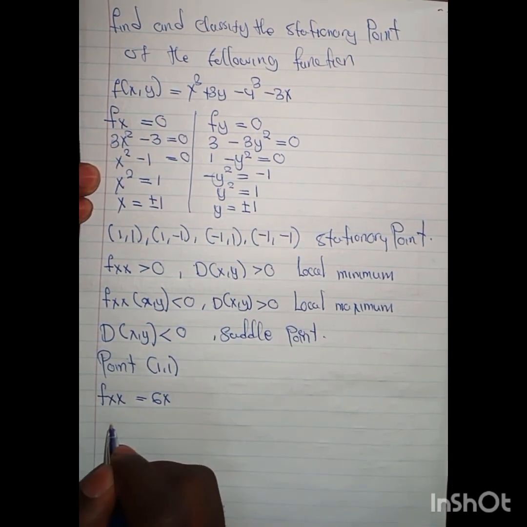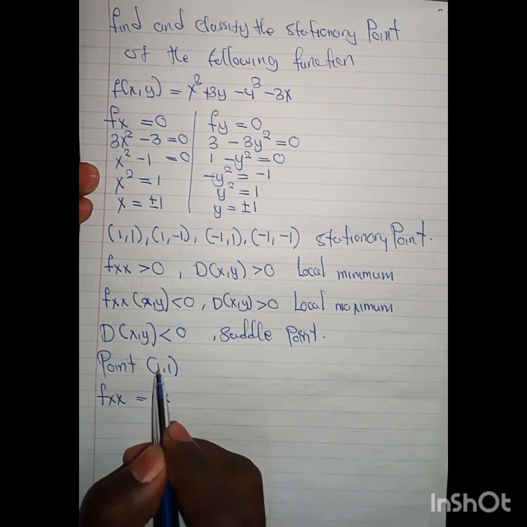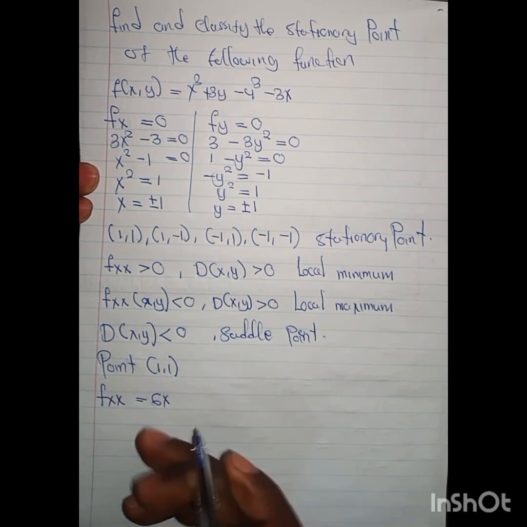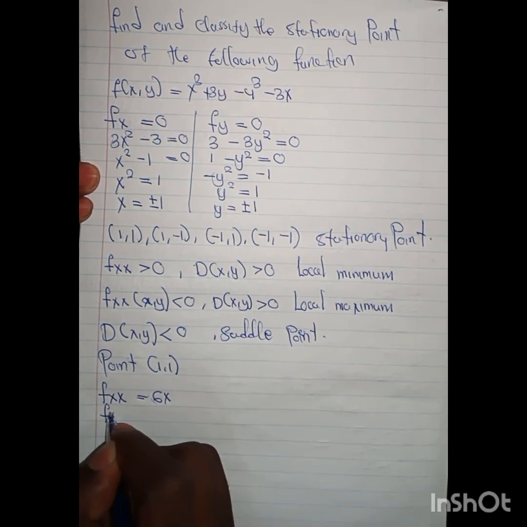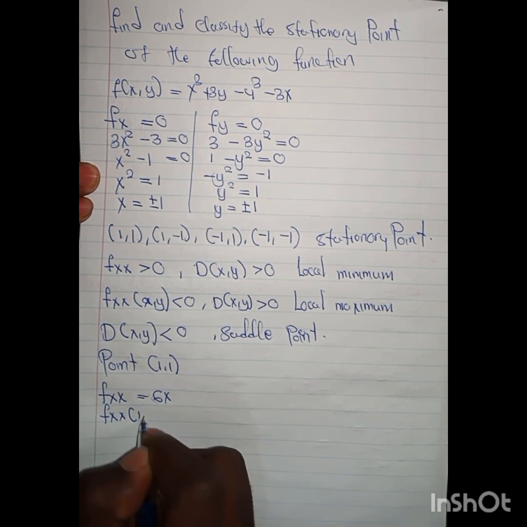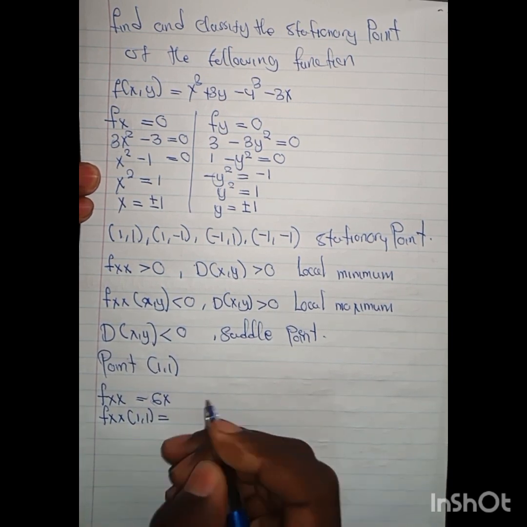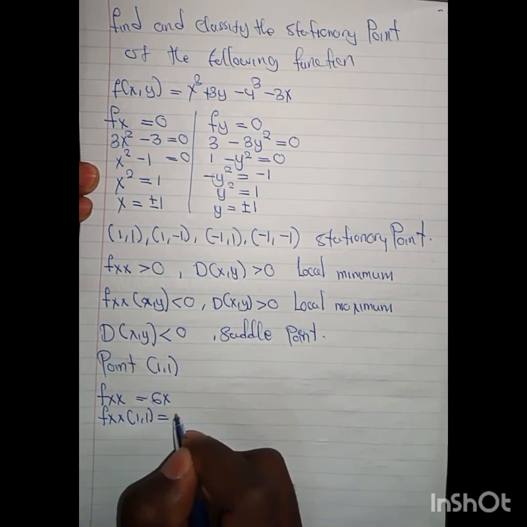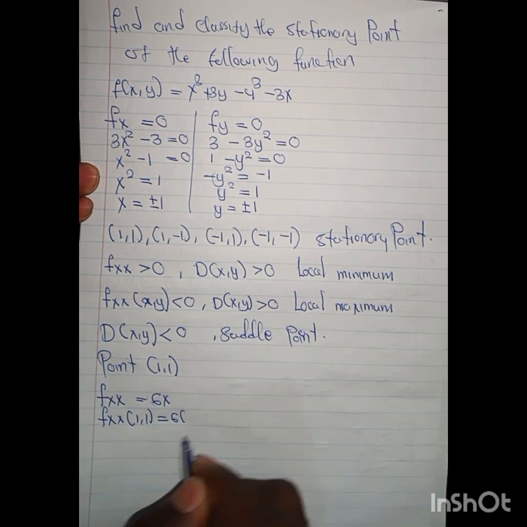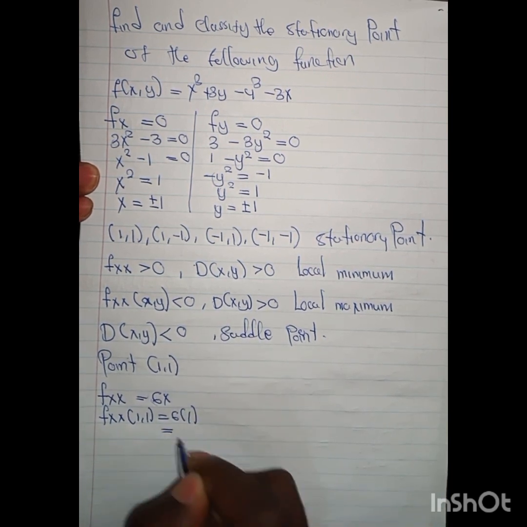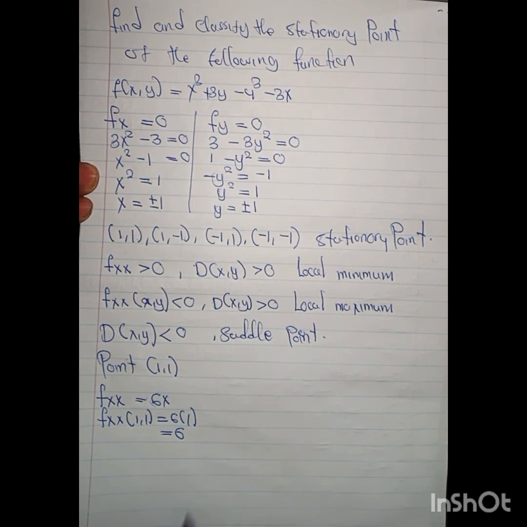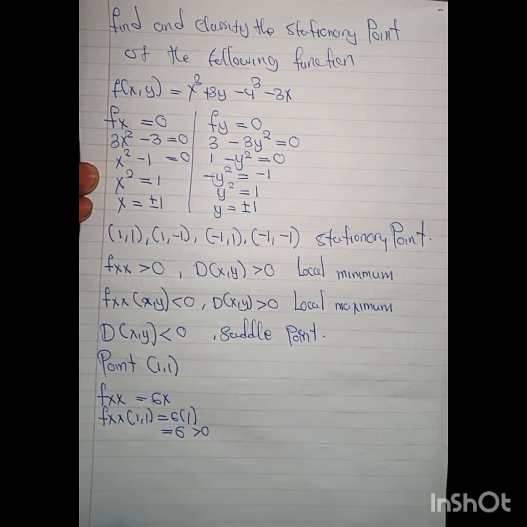Then we substitute the values of x and y in this point. So f sub xx at the point (1, 1) is given by 6 times the value of x, which is 1. So we get 6, and 6 is greater than 0.